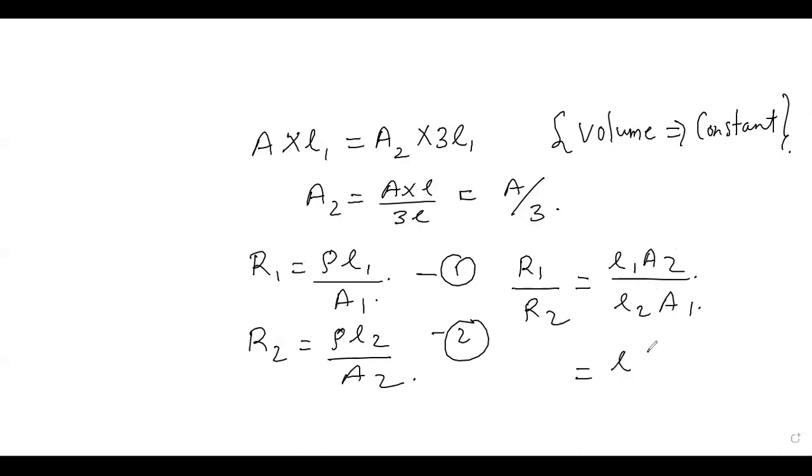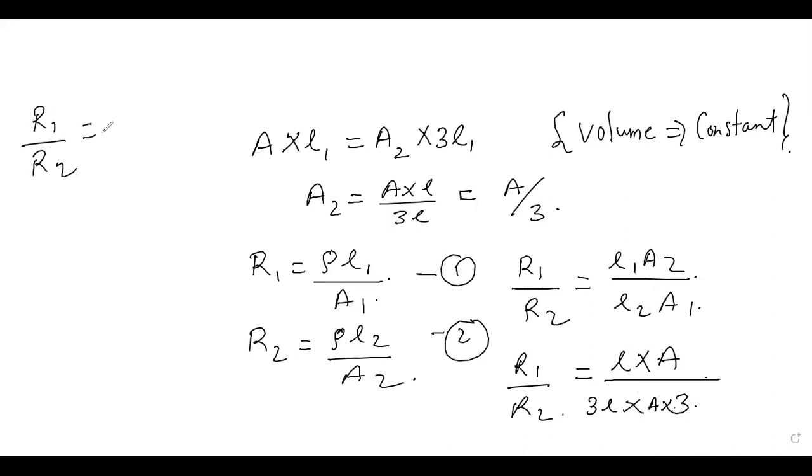L1 I am taking as L. A2 I have found out is nothing but A by 3, so A in the denominator I have 3 here. L2 is the new length, that is 3L, and A1 I have taken as A itself. So this is my R1 by R2. L cancels, A cancels, so it is 1 by 9.